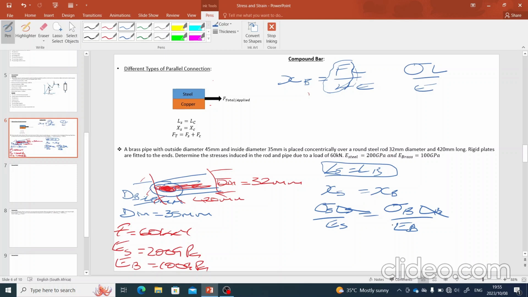Then we have stress steel over E steel equals stress brass over E brass. Then we can make any of the stresses the subject of the formula. If we make the stress steel the subject, then we have Young modulus steel multiplied by stress brass over Young modulus brass. This will be our first equation. That's what we have.